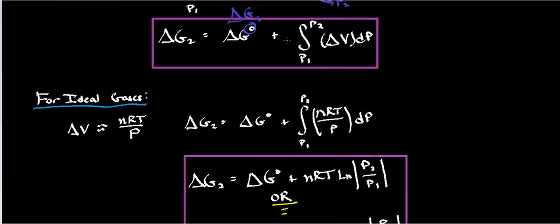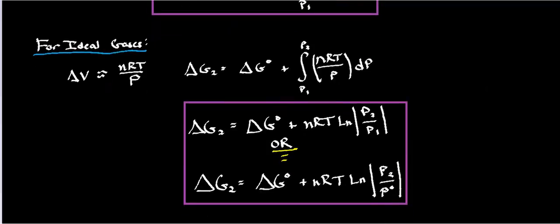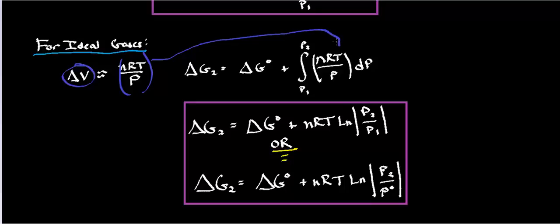However, for ideal gases, one thing we can say is essentially that the change in volume we can just write as nRT over P. So for an ideal gas, I can substitute this delta V for nRT over P and keep the dP.